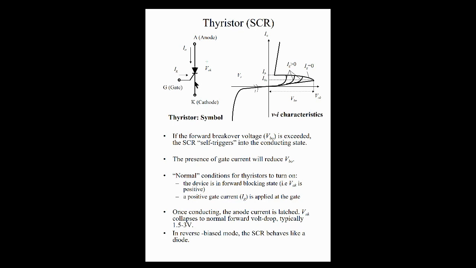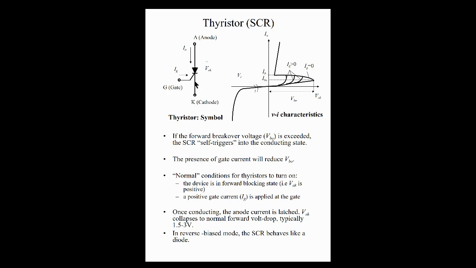Remember when I showed you earlier on the diode, the average output voltage was fixed, right? So researchers during that time were thinking, can we change the average output voltage? And that is when the thyristor came on the scene. By introducing that gate to this diode, we're now able to control that average output voltage.